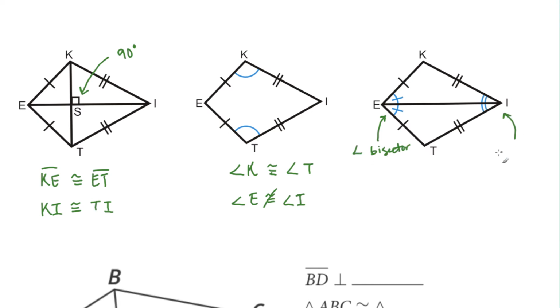And this one will be an angle bisector also when you connect them, which means that angle KEI is congruent to angle TEI. And angle KIE is congruent to angle TIE.